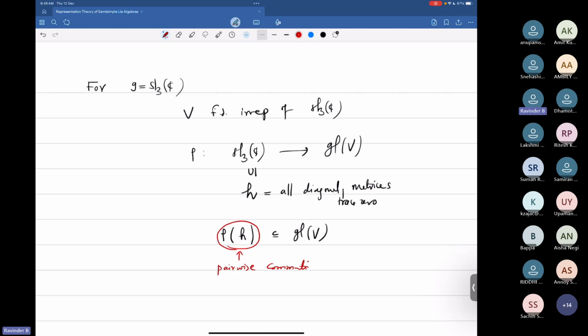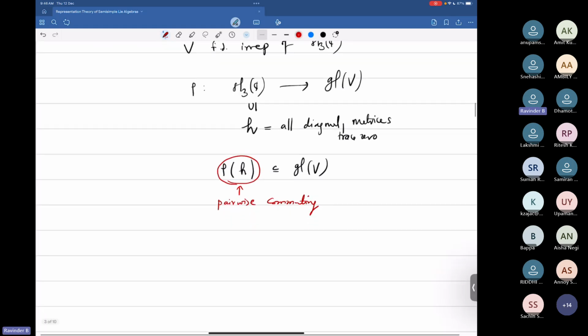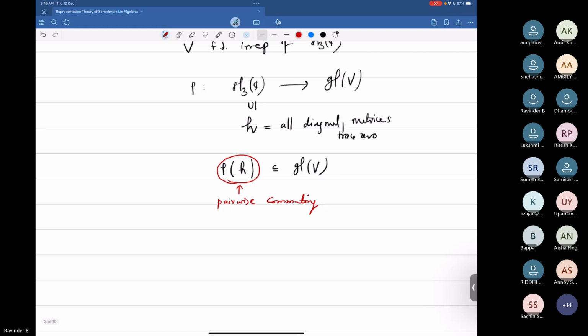So you have pairwise commuting linear maps. From linear algebra, if you have one matrix, there is an eigenvector. If you have many matrices, even infinitely many, but they're all mutually commuting, they have a common eigenvector.